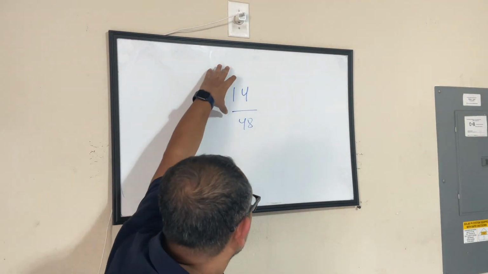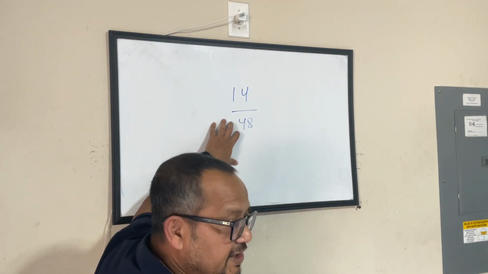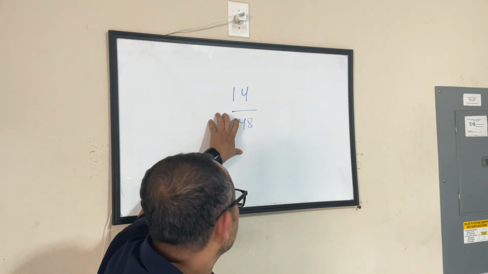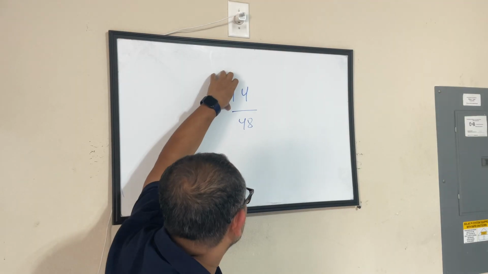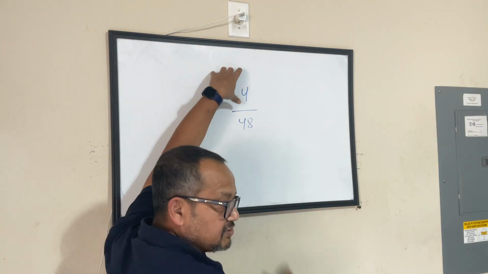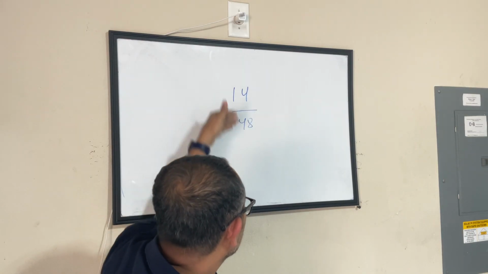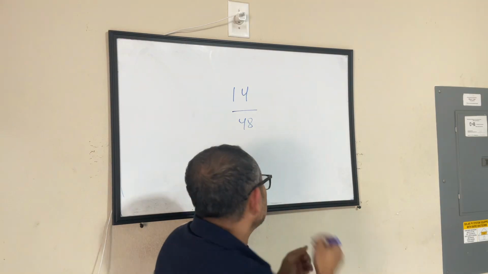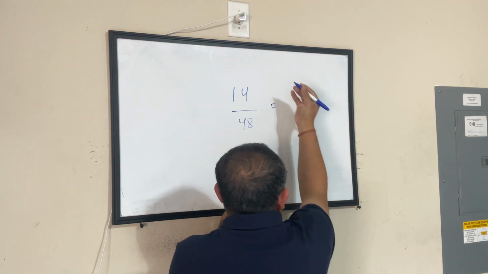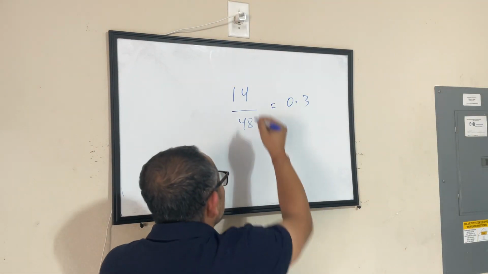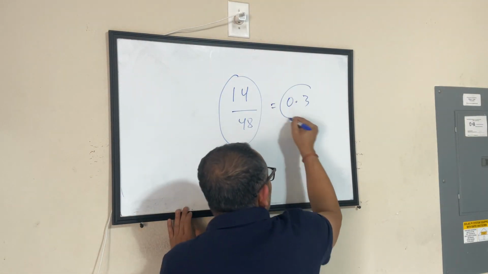Here, when I'm looking at 14 is to 48, meaning Dev's age versus my age, you are comparing Dev's age against my age. So this is a ratio, and you know how to convert this into a decimal, probably something like 0.3 or something. So you know this ratio you can represent in the form of decimal.